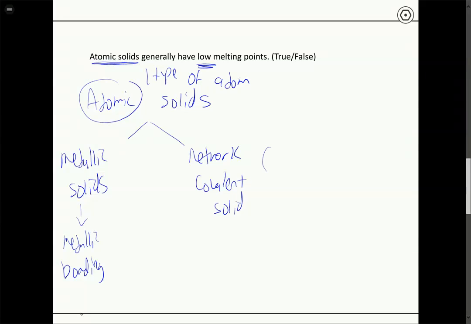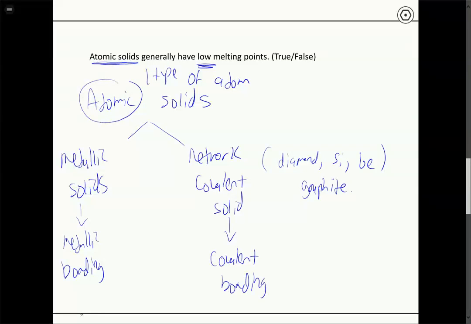So these would be things like diamond, silicon, germanium, those ones that have that extended covalent bonding in all directions. I suppose graphite falls in this category as well. So these are just a few elements that have this type of structure, and in this case the atoms are held together by covalent bonding. Now the key point about both of these types of solids is that they have pretty strong interactions between the atoms that are holding them all together.